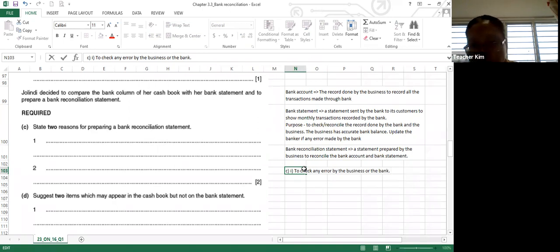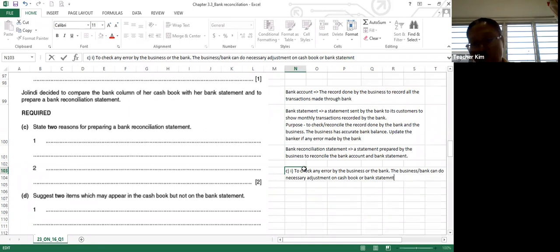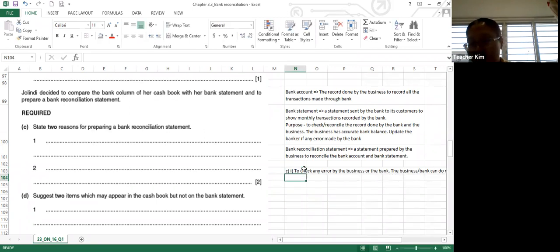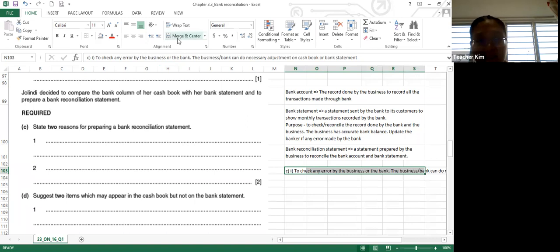The business or bank can do necessary adjustment on cash book or bank statement. So this is for both parties to find an error and adjust accordingly. So this is one of the reasons.